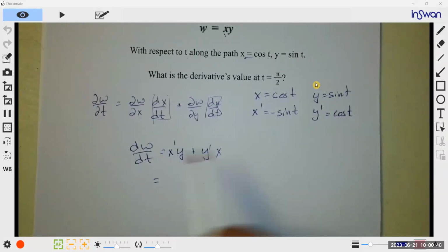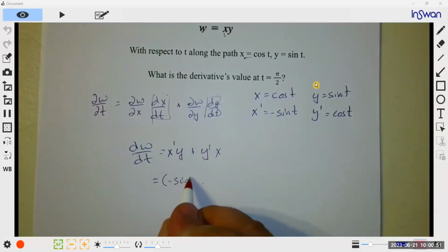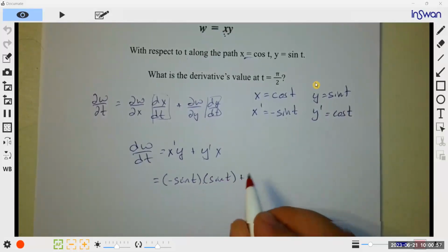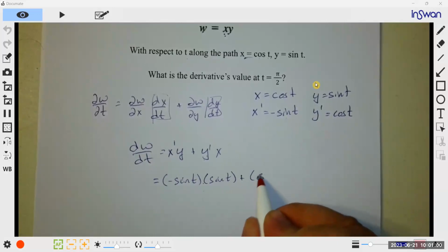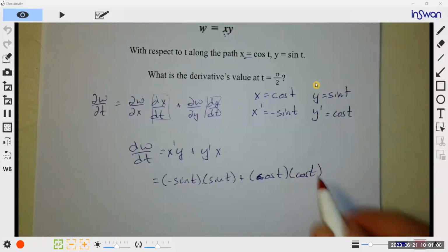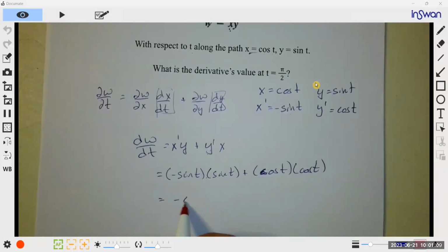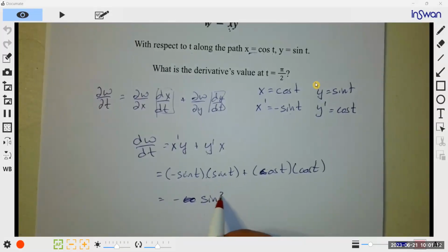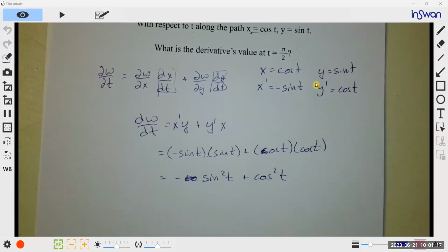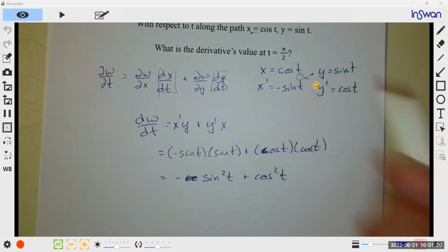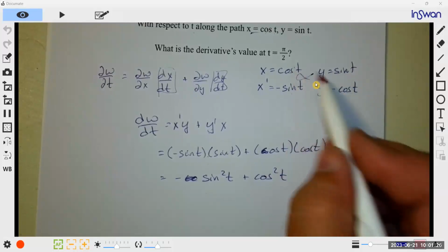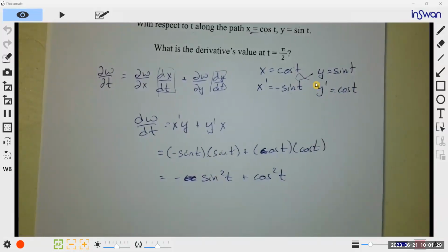X prime is negative sine t. Y is sine t. Y prime is cosine t. X is cosine t. Negative sine squared t plus cosine squared t. This is exactly what we did with the chain rule: this times this plus this times this, which is exactly what that says.